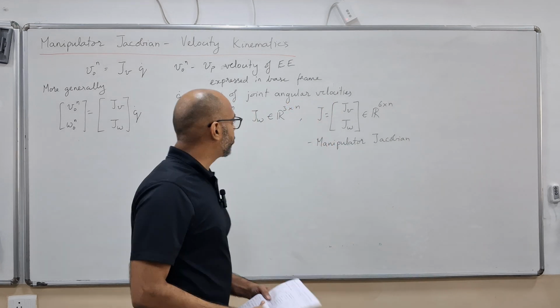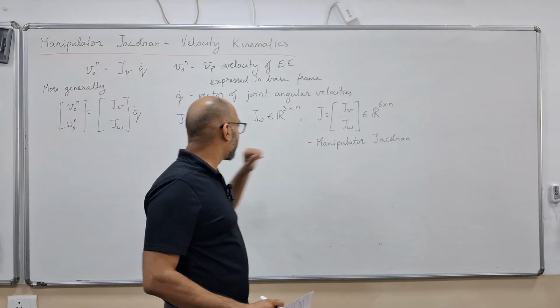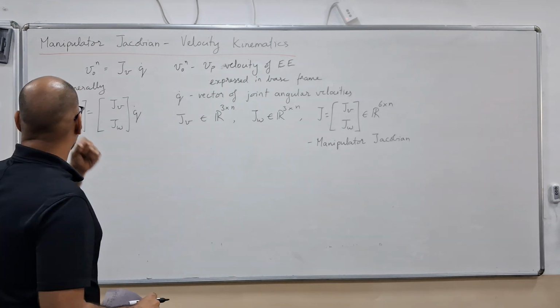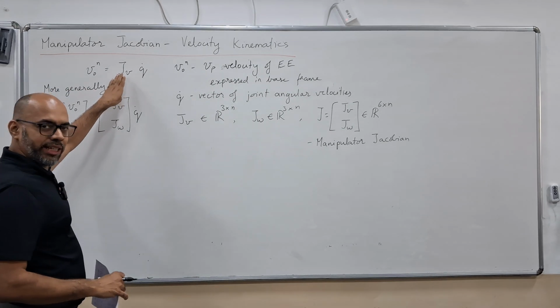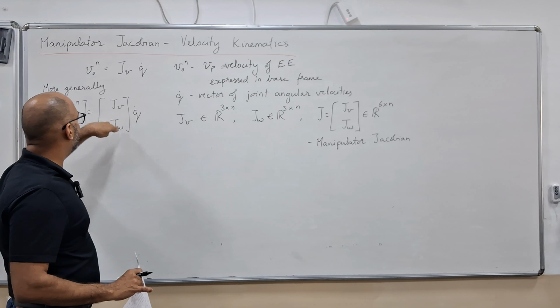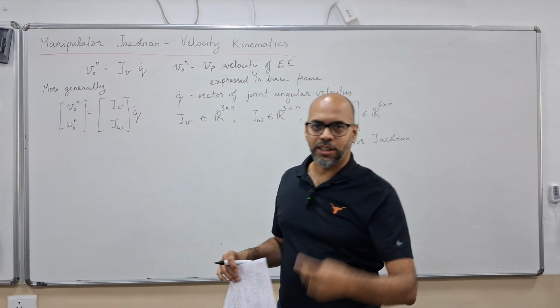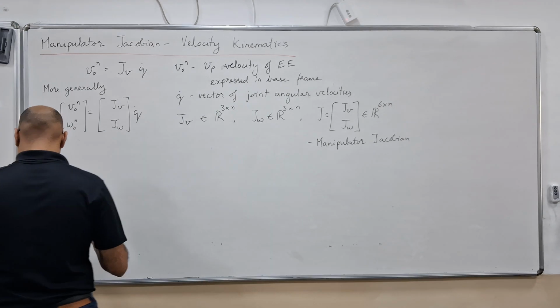And when people say Jacobian, this is the matrix they are talking about. But sometimes, depending on the context, when they say Jacobian, they might be meaning only the linear velocity part of the Jacobian matrix, and that, depending on the context, you will have to figure out.